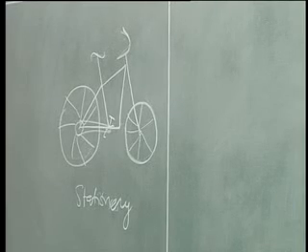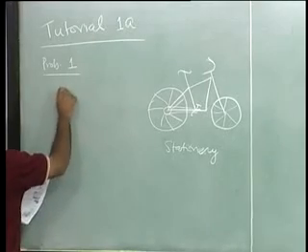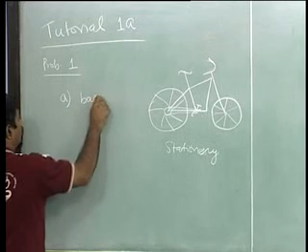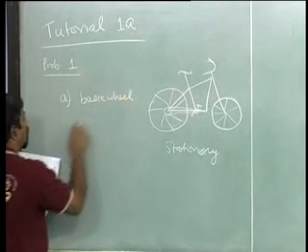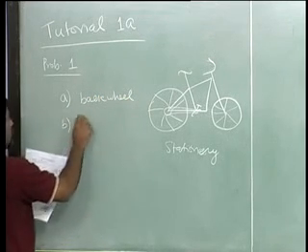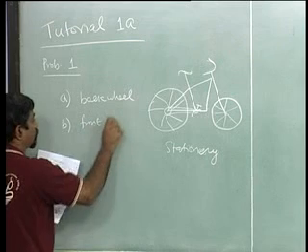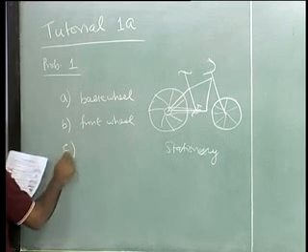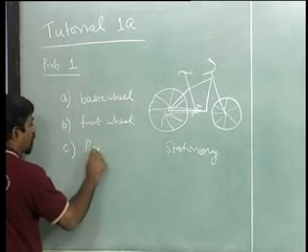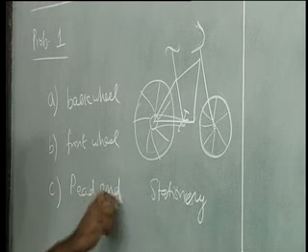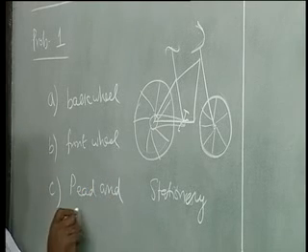Then we have asked for, so let me just list them down. One is back wheel, 2 is front wheel, 3rd is pedal and the gear assembly.